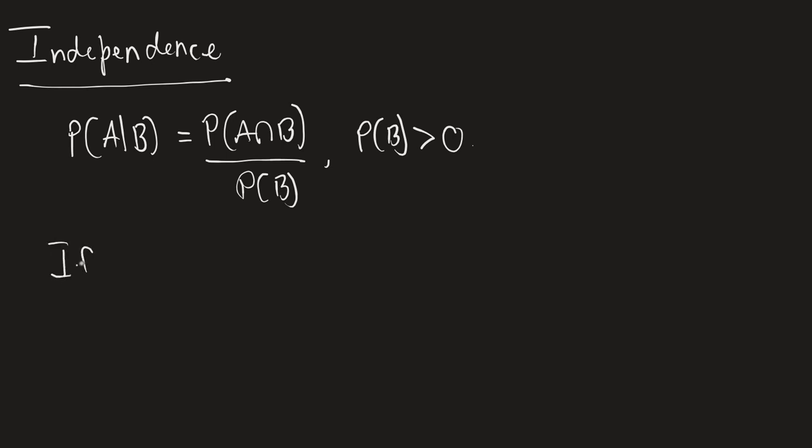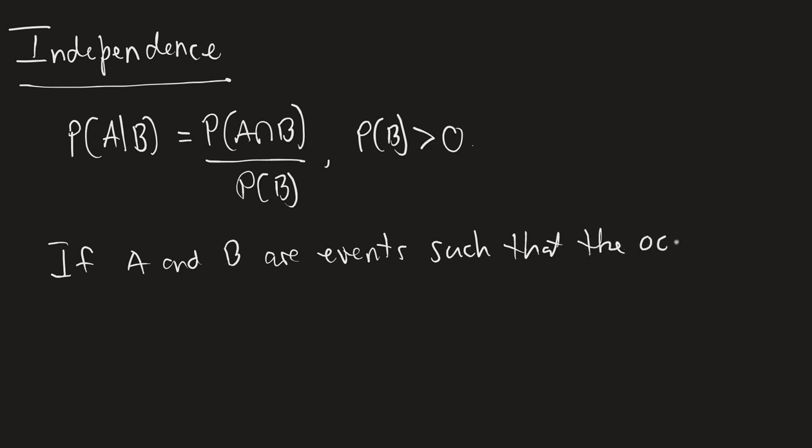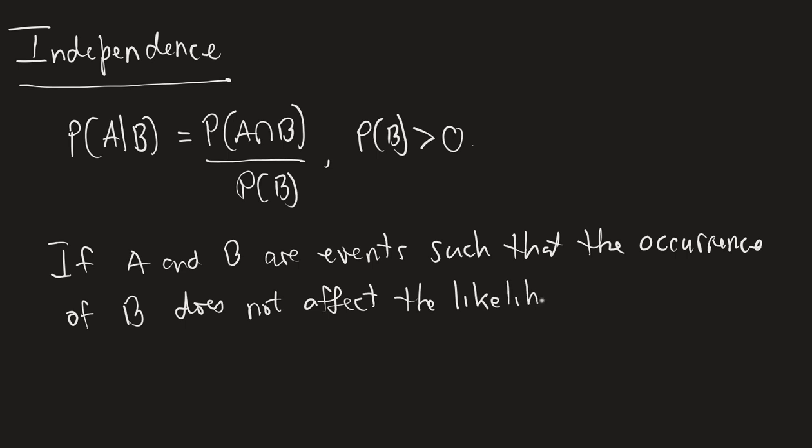If A and B are events such that the occurrence of B does not affect the likelihood of the occurrence of A, right?